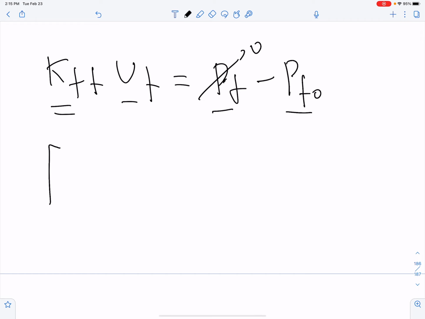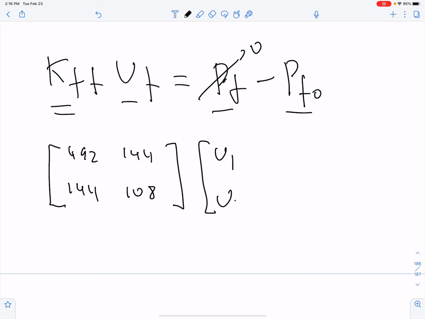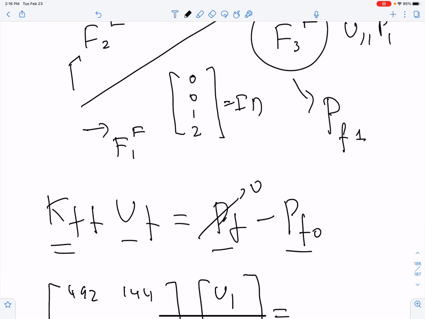If we write it out in terms of numbers: 492, 144, 144, 108, U1, U2. What would be the new set of displacements under the prescribed load? PF0 was what?